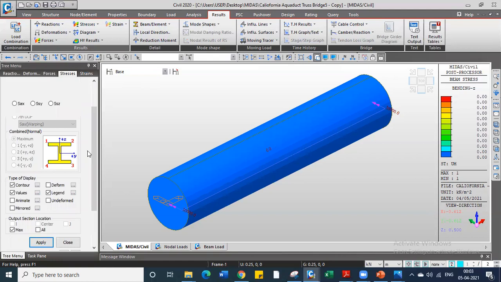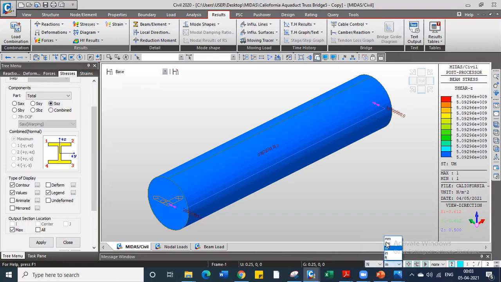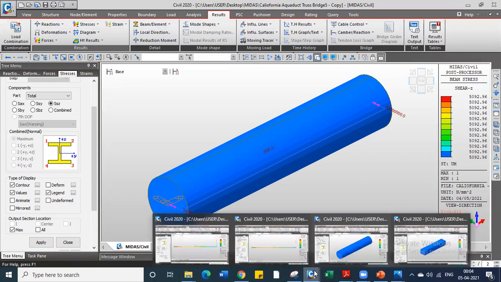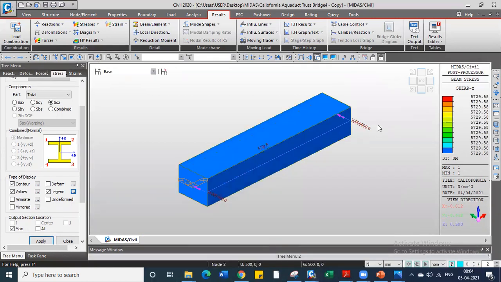And here, as you see, we have taken a circular cross section and we are getting a shear stress of the order of, if I just check in Newton per mm, that is in MPa, 5,093 MPa. Whereas if we consider the same condition of the beam, simply supported and uniform moment acting, but the cross section is now rectangular.